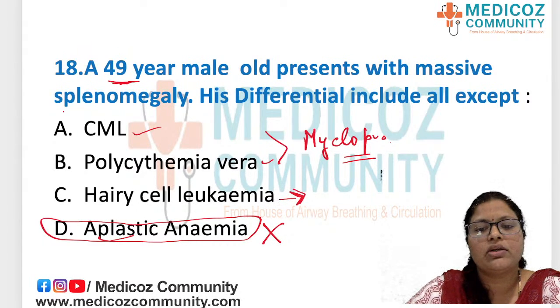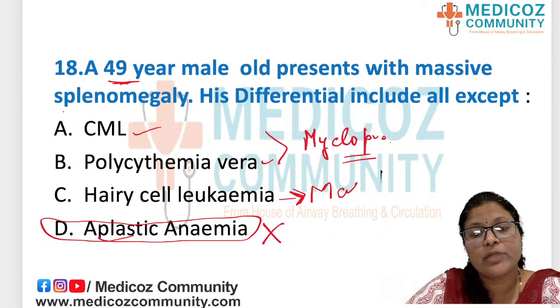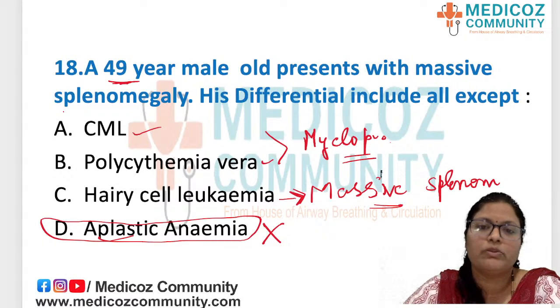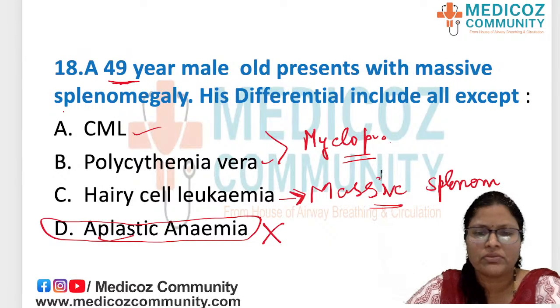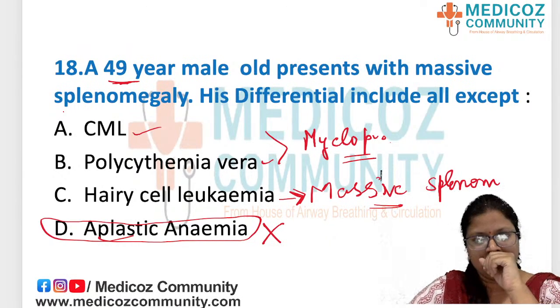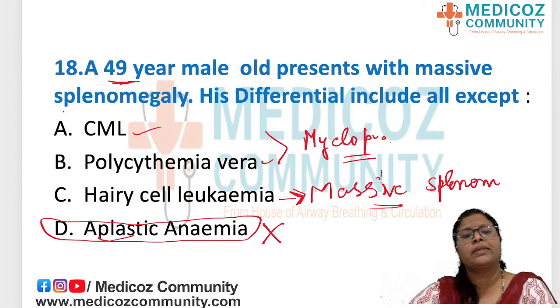Hairy cell leukemia is a differential for massive splenomegaly. Remember, massive splenomegaly. Hairy cell leukemia usually doesn't involve the lymph nodes. It involves the bone marrow and the spleen, so you see massive splenomegaly.